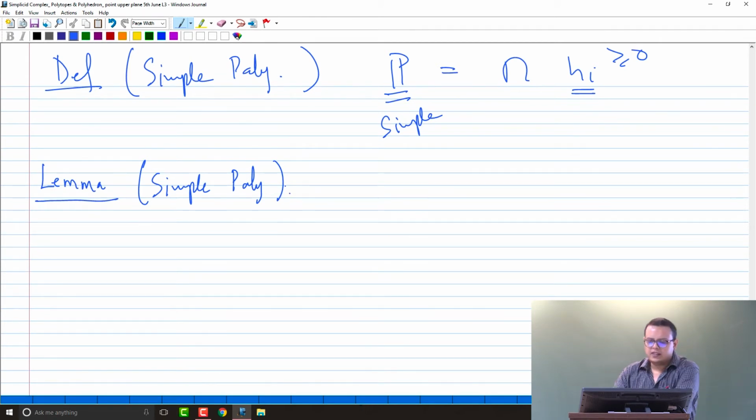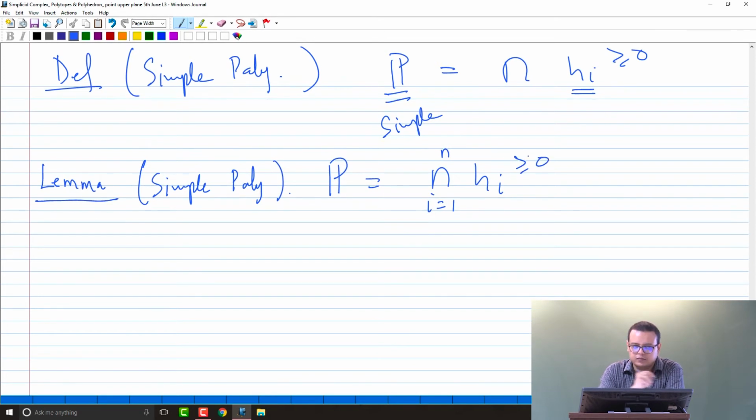Let us say P is equal to this intersection of half spaces.